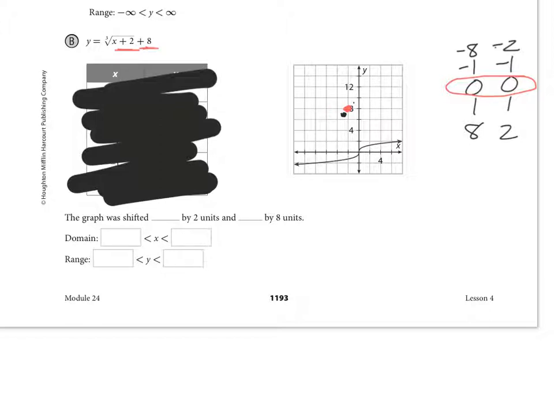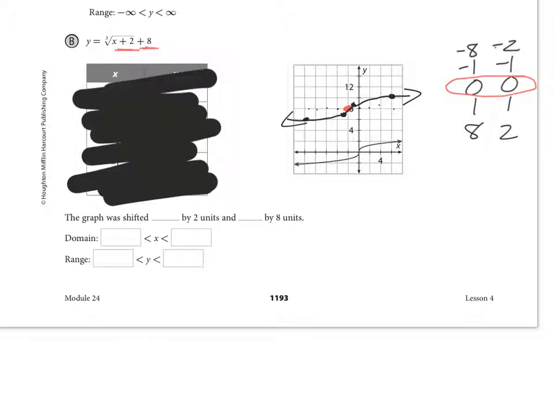When I go to the right 1, I go up 1. When I go to the left 8, so I go 8 from here, 2, 4, 6, 8, then I go down 2, and then 8 to the right here, 2, 4, 6, 8, and then go up 2, and then graph my function again.